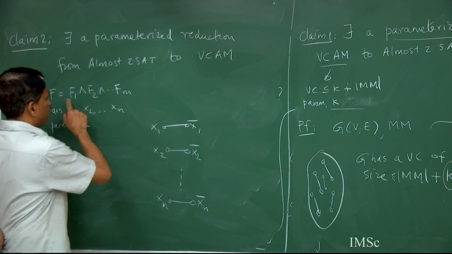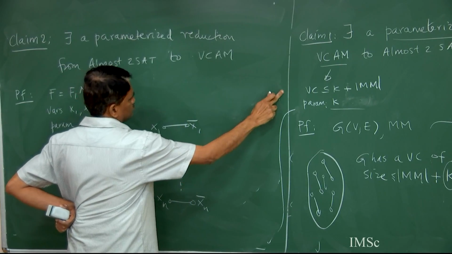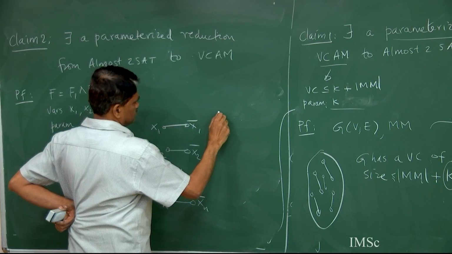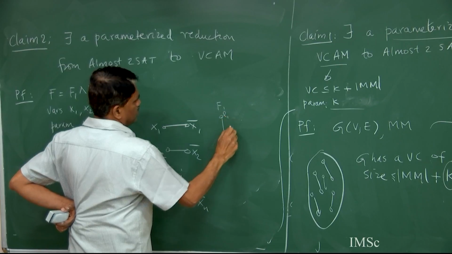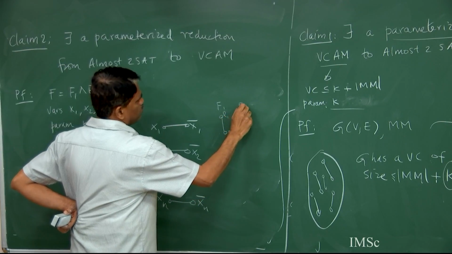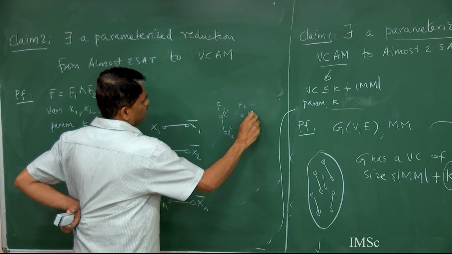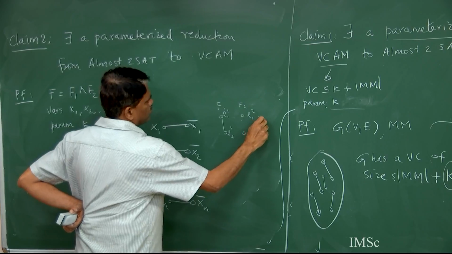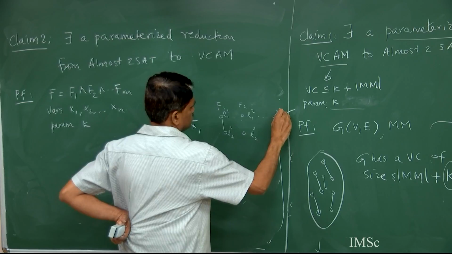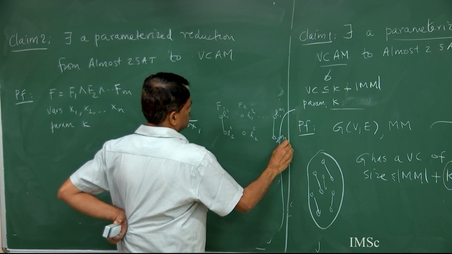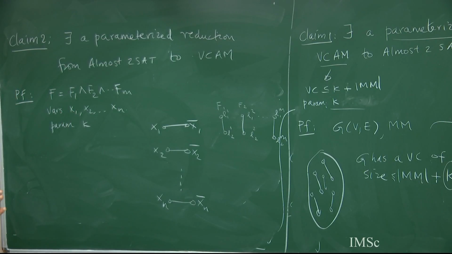And then every clause Fi also has 2 literals. F1 will have some 2 literals, F2 will have some 2 literals: L11, L12, L21, L22. So this is my raw structure for variables and clauses.